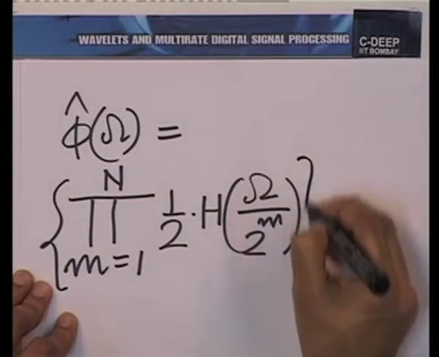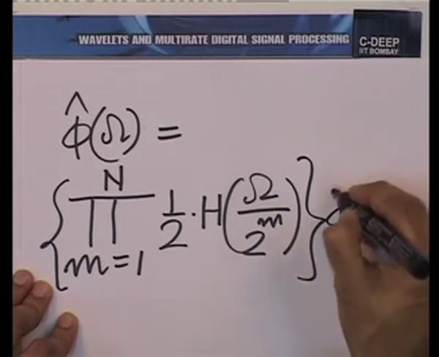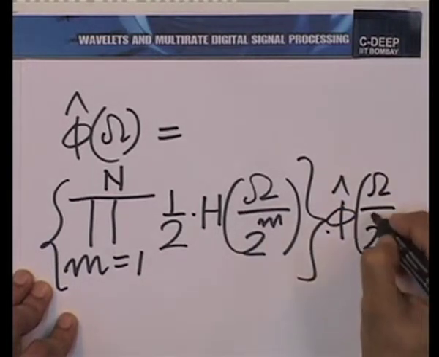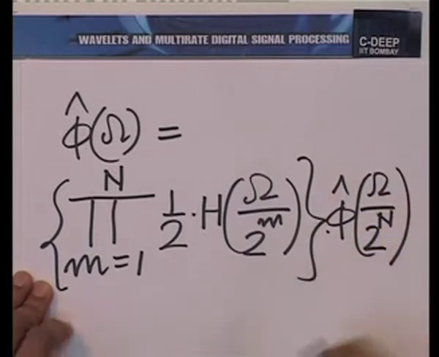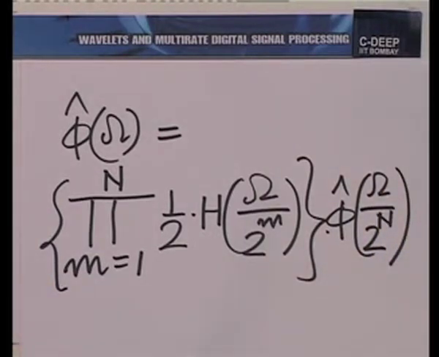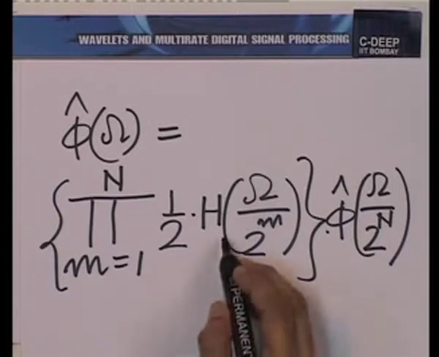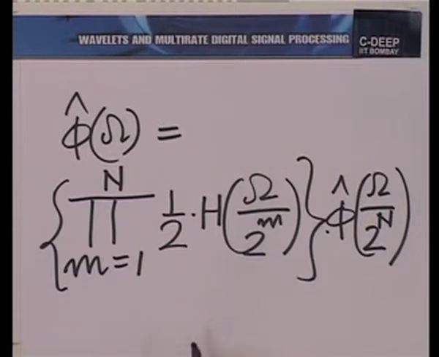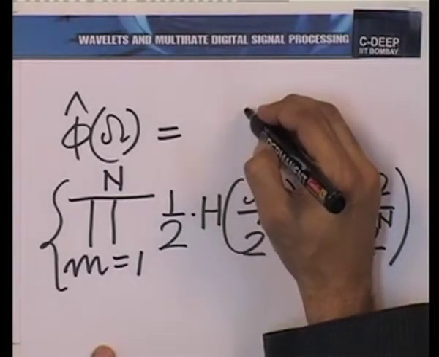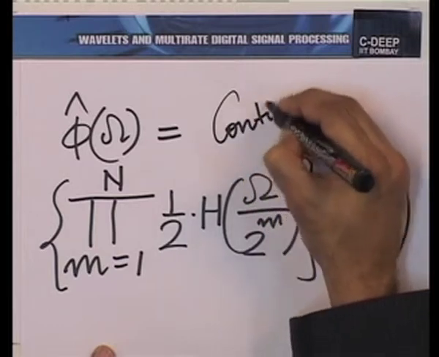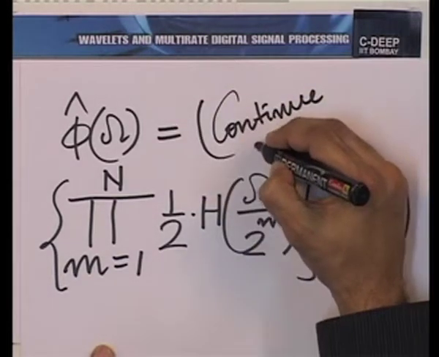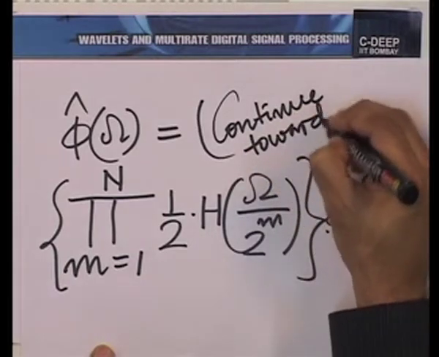This product is then multiplied by phi cap of omega by 2 raised to the power capital N. So, we have a product of these so-called discrete time Fourier transforms here. The only catch is now we need to use the analog frequency variable, because we are dealing with analog frequencies here and here. Now, we can take the limit, or continue, towards N going towards infinity.